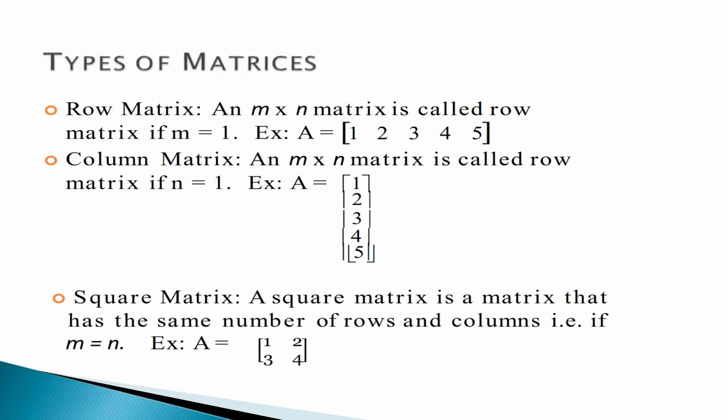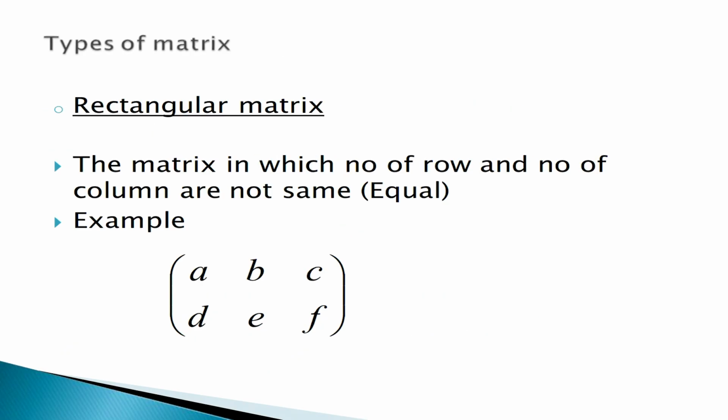Next, what is a square matrix? If the number of rows is equal to the number of columns, then it is said to be a square matrix. Here is the example 1, 2, 3, 4, that is a square matrix. Next is rectangular matrix. A matrix is said to be rectangular if the number of rows and number of columns are unequal.